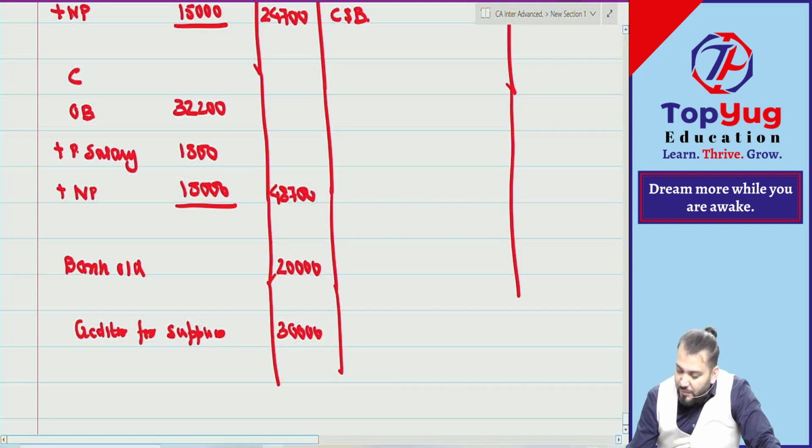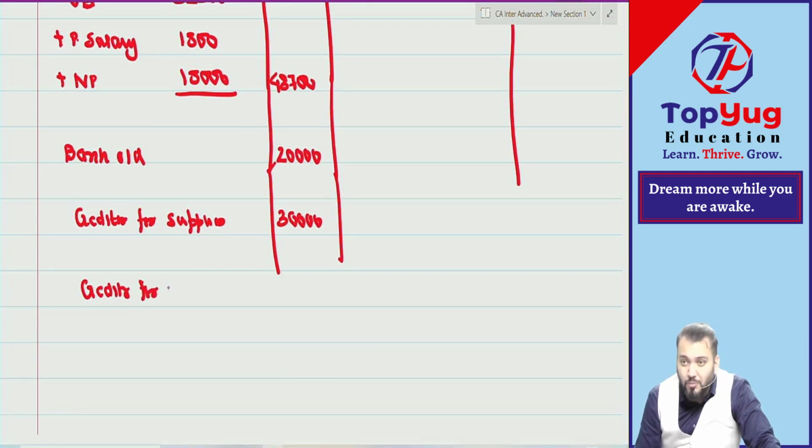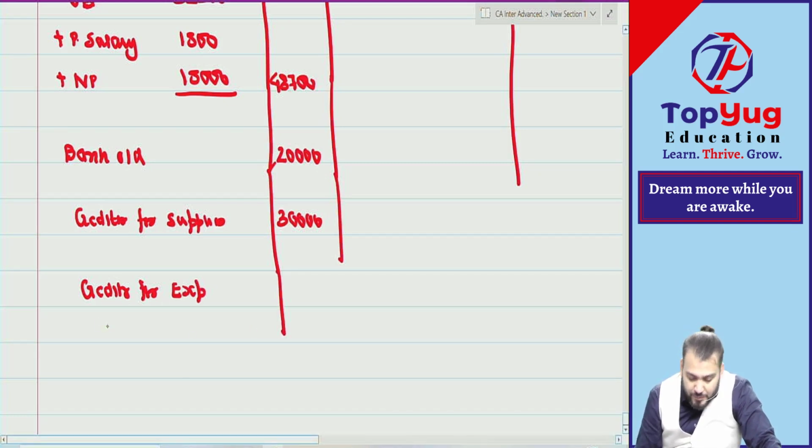Then there is creditor for expenses. So this will change. Why? There is one bonus payable, so expense payable will increase. So it will become 18 plus 10,000.